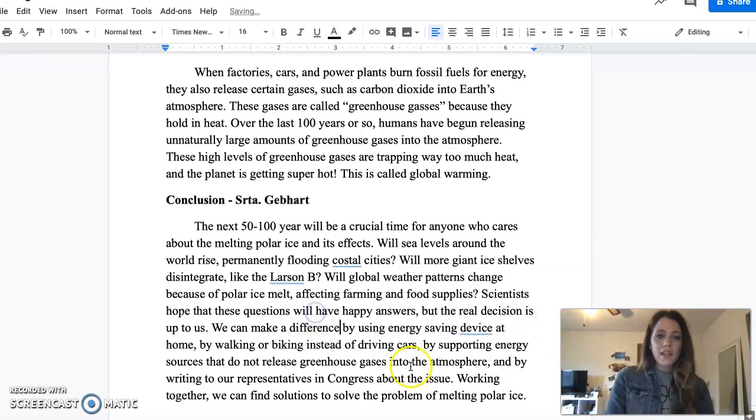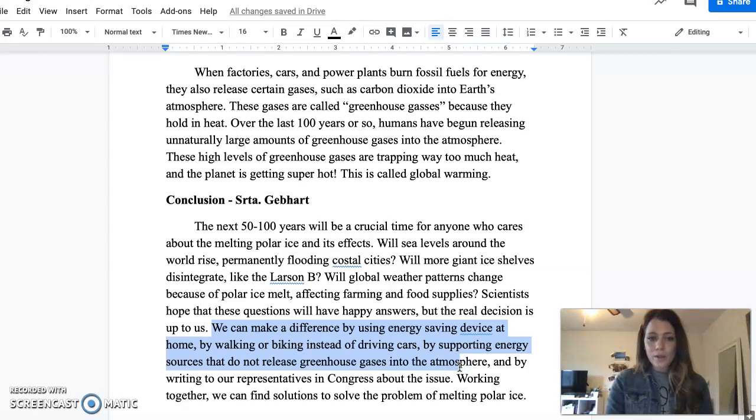Okay, so in this final concluding paragraph, again, I'm going to think about, did I connect to my audience and why this is important to them? Did I give more information tying back to my piece? Did I give them a reason for why it's important? And yeah, I did. I talked about the people when I said in the next 50 to 100 years will be a crucial time, and how we are the ones that can make the choices and make the difference.